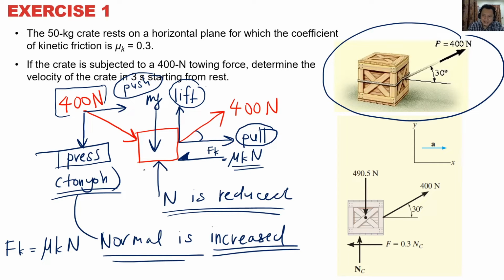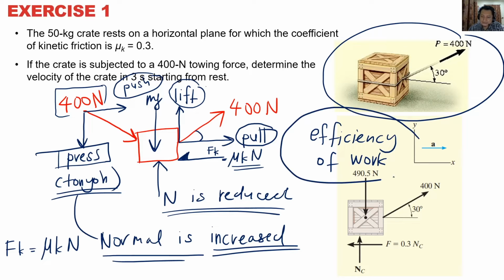So these examples might be simple. All these things might happen in your real engineering activities. So you should be able to make proper decisions in order to increase the efficiency of your work. So these are the basic principles. It's bad if you're trying to move something up, you might as well reduce the frictional forces.